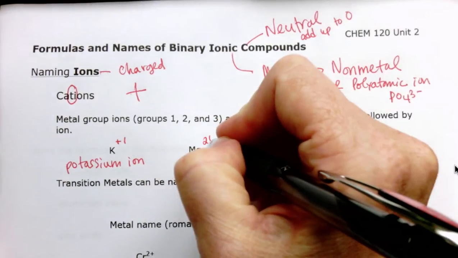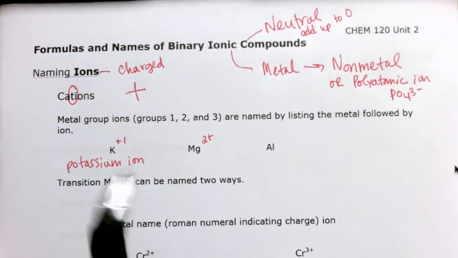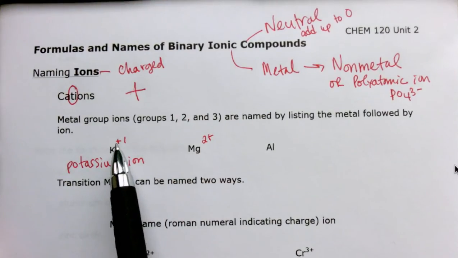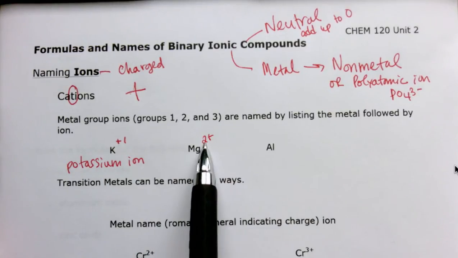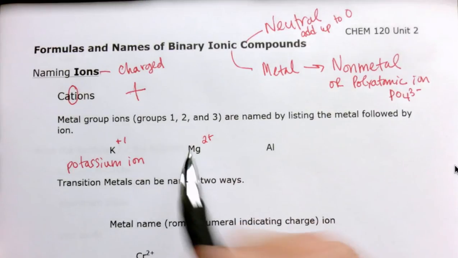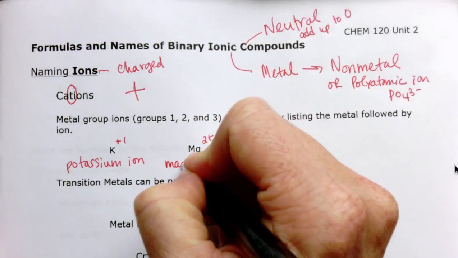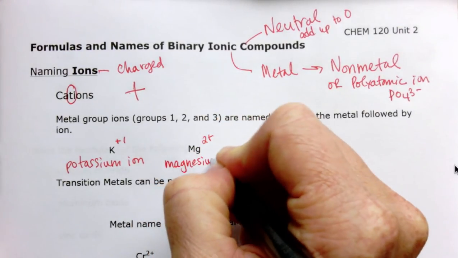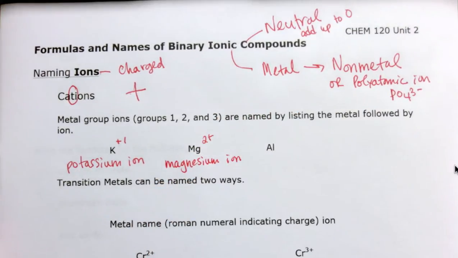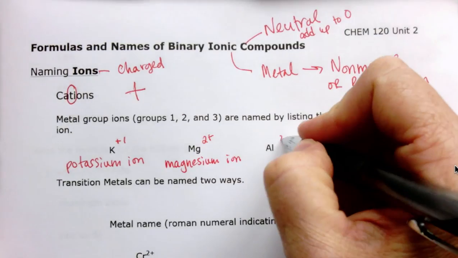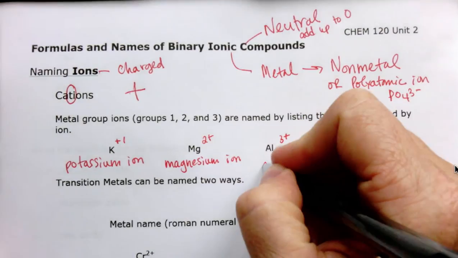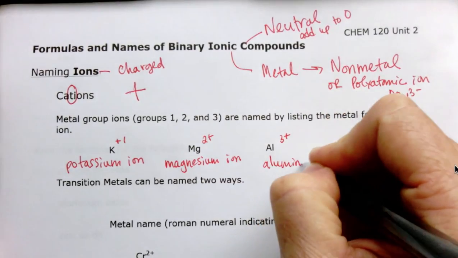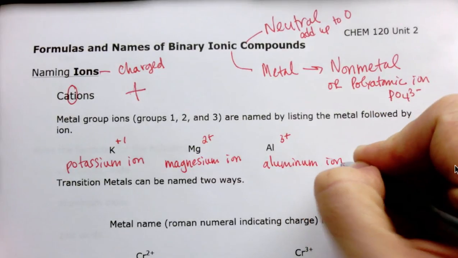All right. Magnesium. And by the way, with these charges, you can have the plus written first or the plus written after. This would just be named magnesium ion, and aluminum has a +3 charge. That would be aluminum ion.